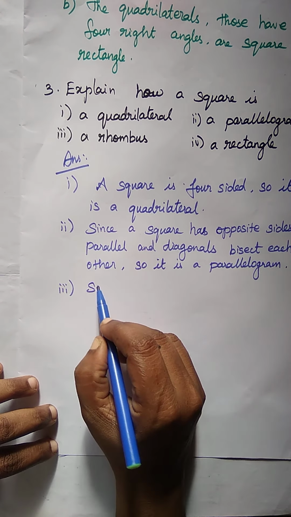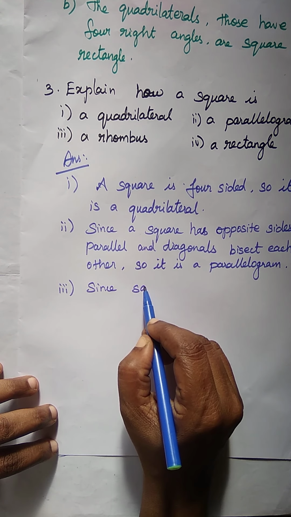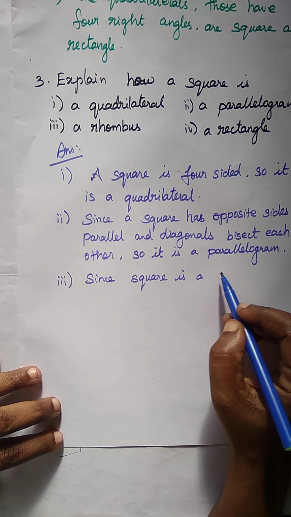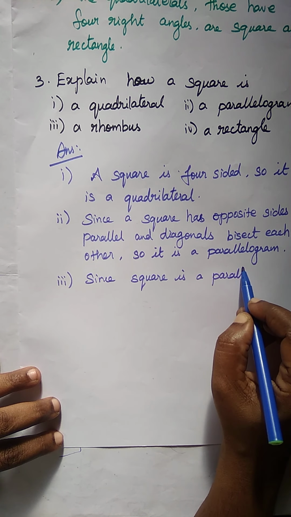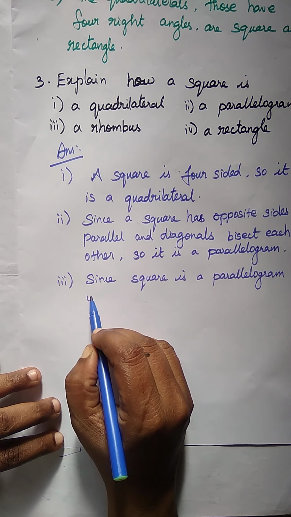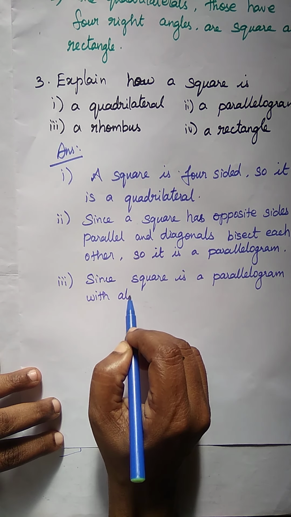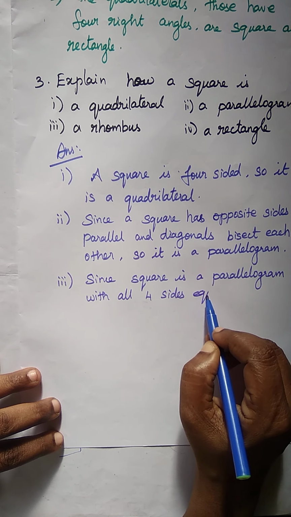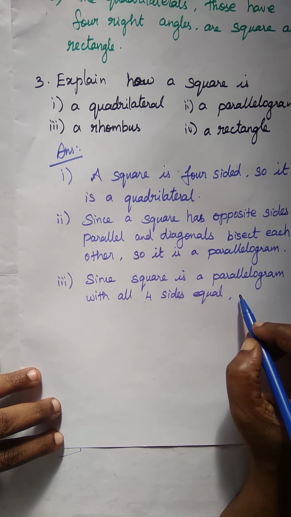Since square is a parallelogram with all four sides equal, it is a rhombus.